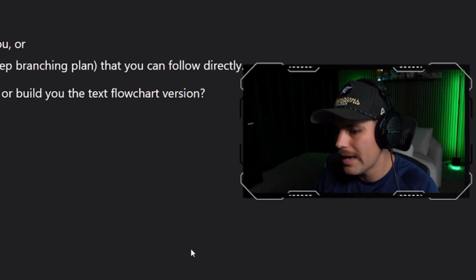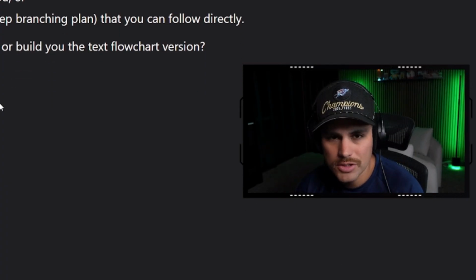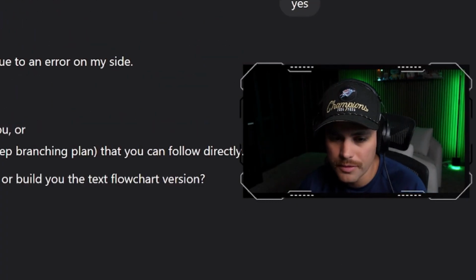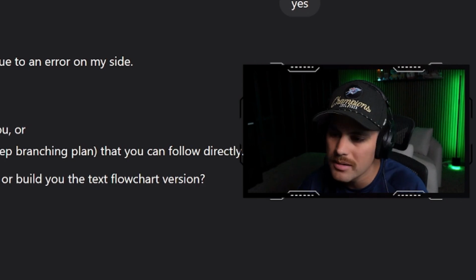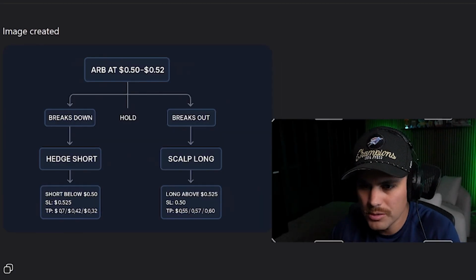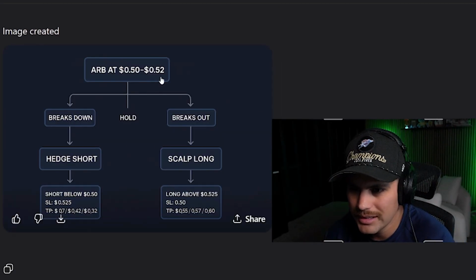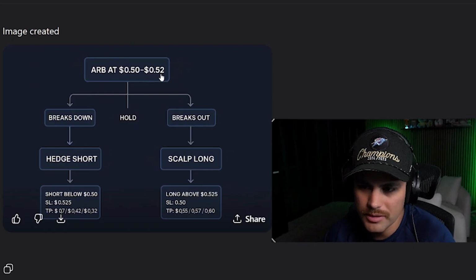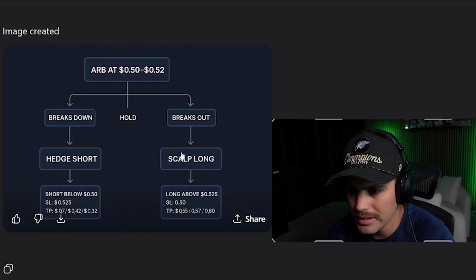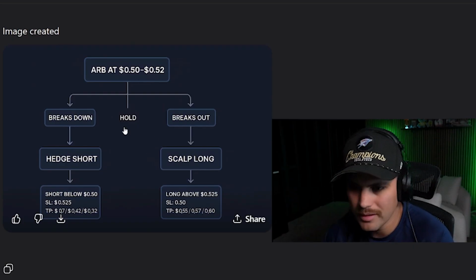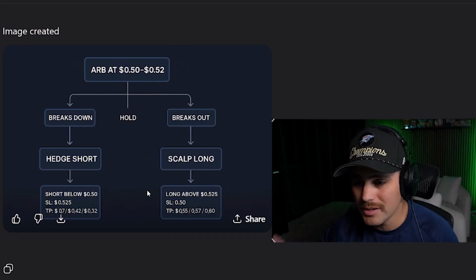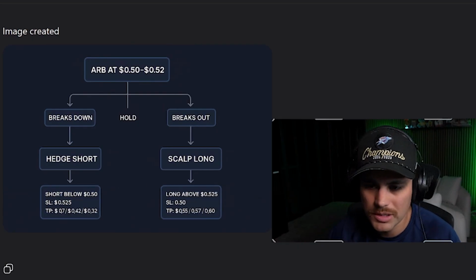I might in the future even have this somewhat automated. I'm going to see if I can do a couple more cool things with automation, but we'll see. And here was the flow chart it created, which is kind of funny. ARB at 0.50, 52 levels, breaks down or breaks out: hedge short, scalp long. It shows you exactly what to do in this flow chart, which I think is pretty cool.